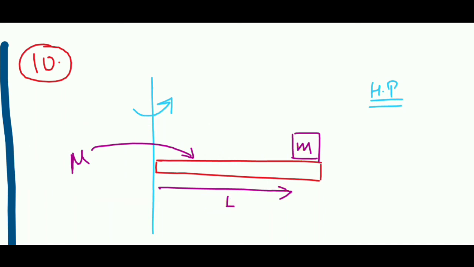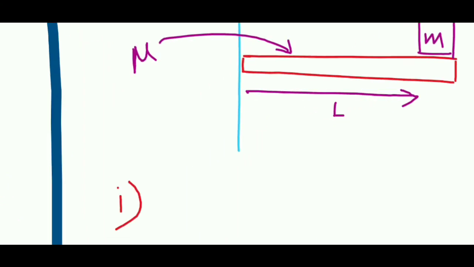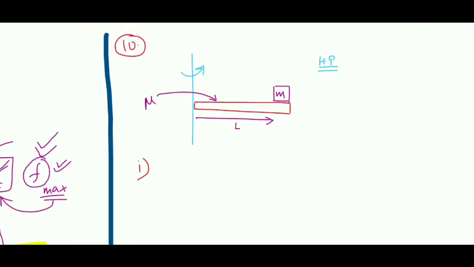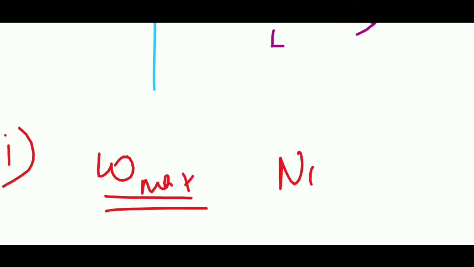Now the first part of the question is, if we move this plank with a constant omega, what is the maximum omega for which the block will not slip? We have to find the maximum value of omega for which there is no slipping.